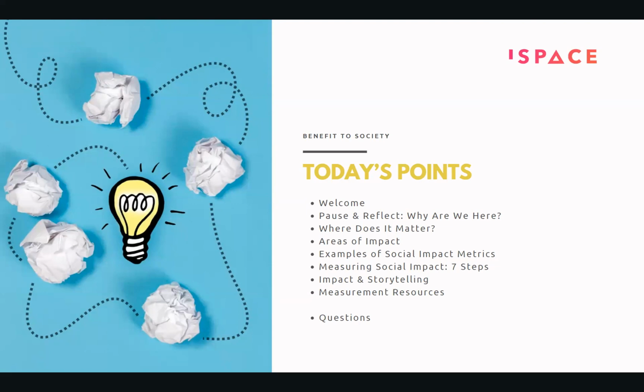And then going into the areas of impact themselves, because those are important to understand the different categories that we can use. Then we'll look at a few examples of social impact metrics on top of the discussion of the areas of impact. And then analyzing 7 steps to measuring what impact is, and then storytelling, some resources, and we'll close it out with questions.